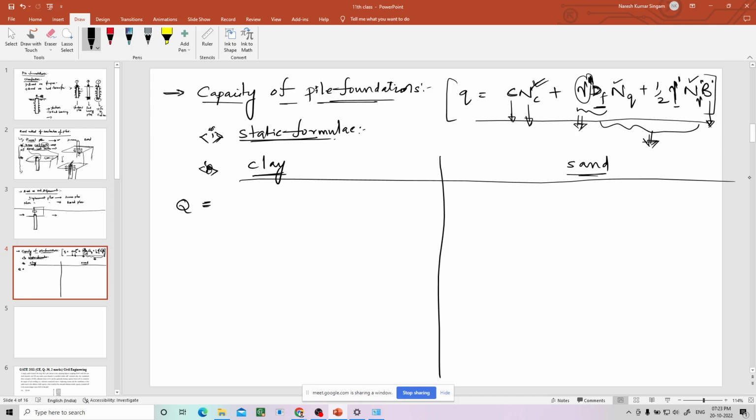We don't talk about frictional resistance in shallow foundations, right? In shallow foundations we don't have any frictional resistance, only end bearing. So this is the formula for end bearing resistance. But in pile foundations, we have end bearing as well as friction.